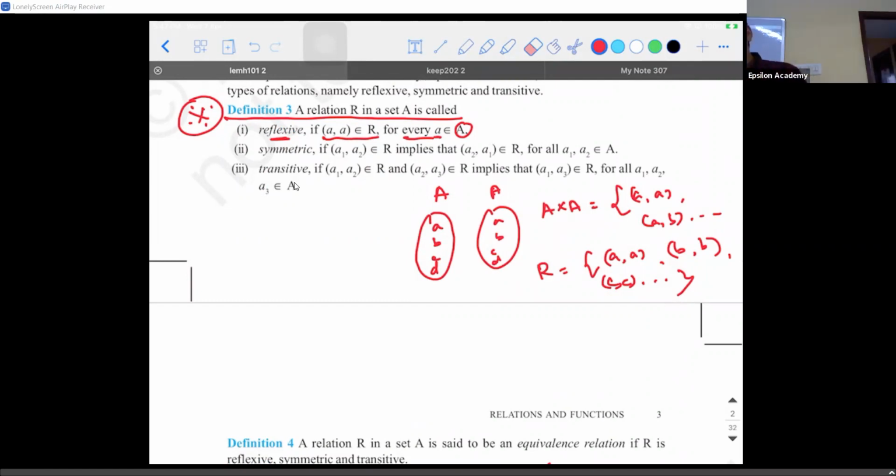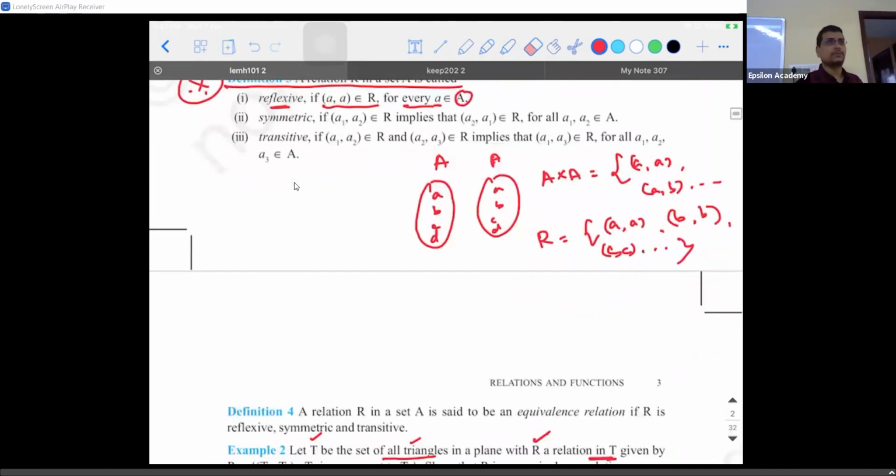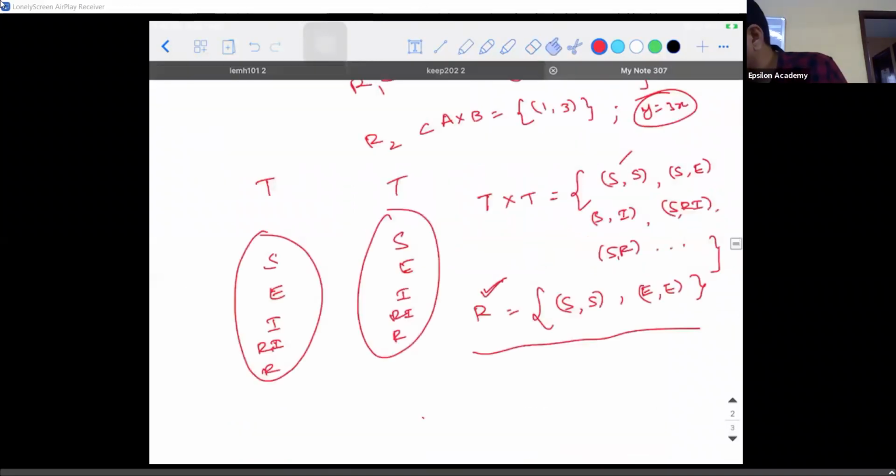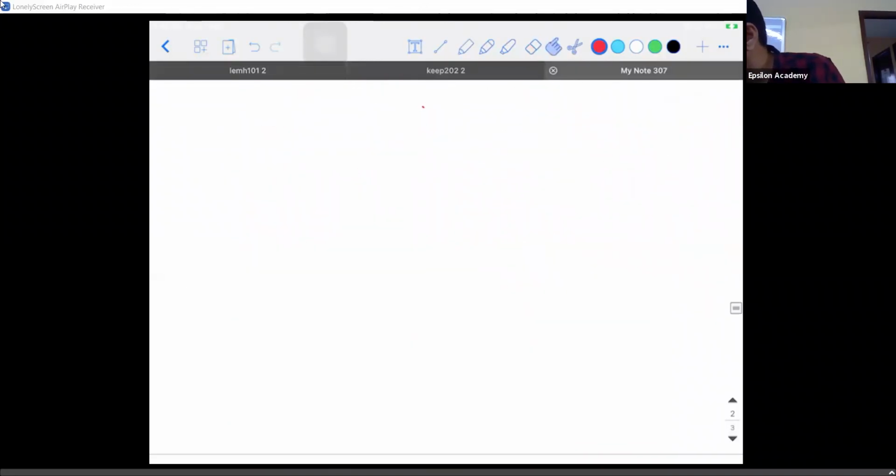So what is the next type of relation they are trying to talk about? Symmetric. The name is suggesting something. Symmetric means, try to understand the same relation R from set A. I'll write the statement here, write it down in the same way.